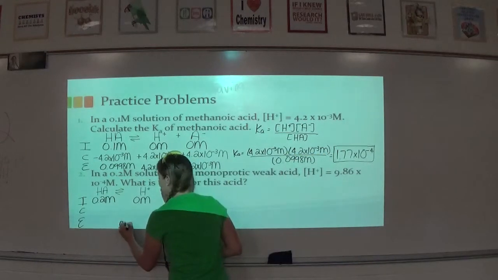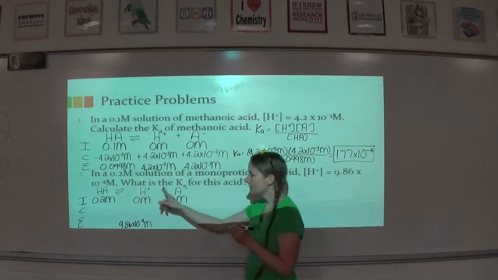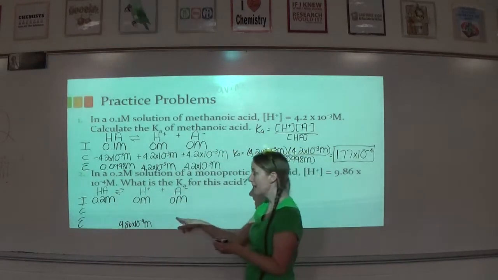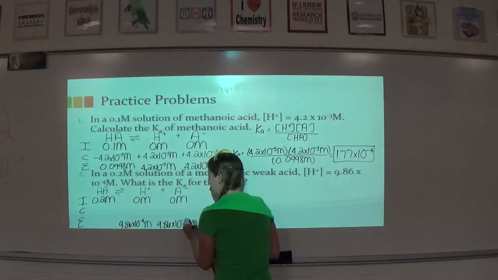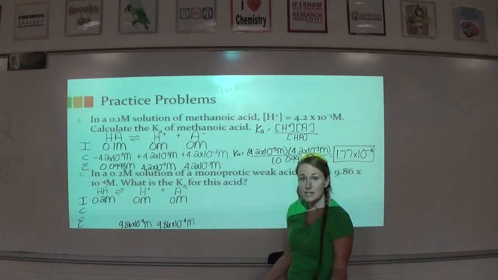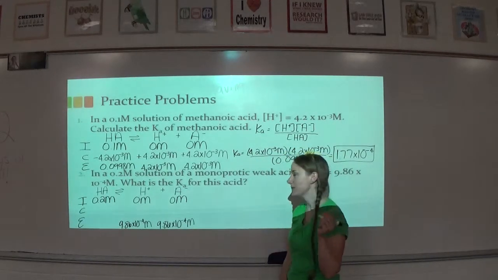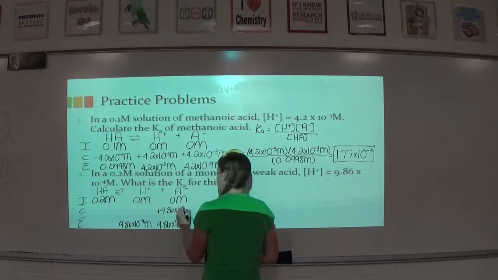So I'm going to plug that down here for my equilibrium. And because H plus and A minus are 1 to 1, I'm going to put the same number for A minus. And then, how did I get from 0 to 9.86 times 10 to the negative 4? I just added 9.86 times 10 to the negative 4.